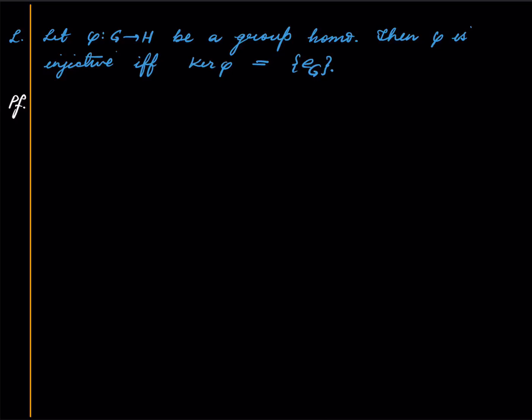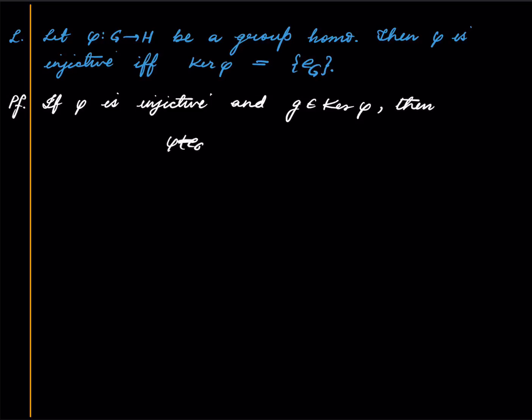So first assume that phi is injective. So if phi is injective and G is in the kernel, what we want to show is that G is actually the identity. Then phi G is the identity of H. Why? Because G is in the kernel of phi, so this is by definition. But we saw this is also equal to this.